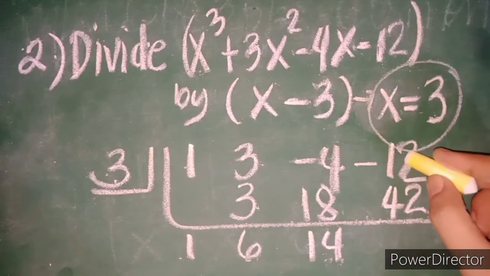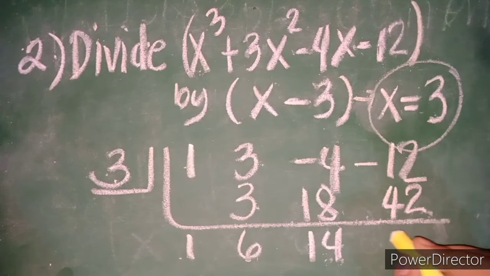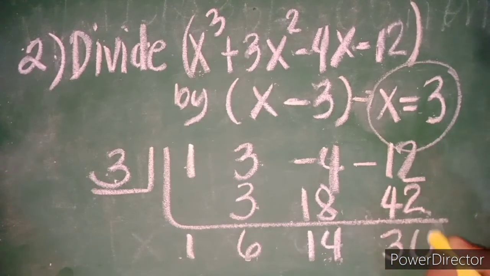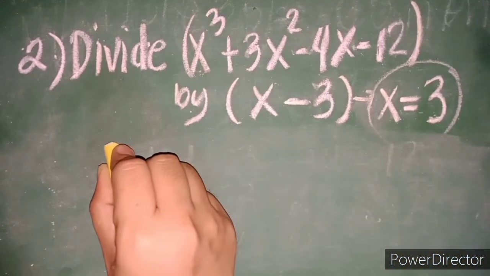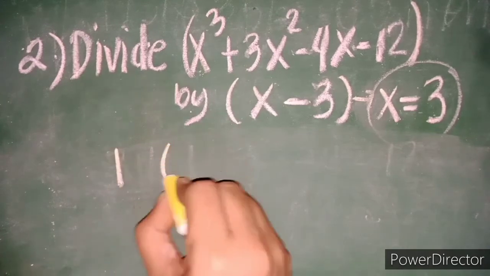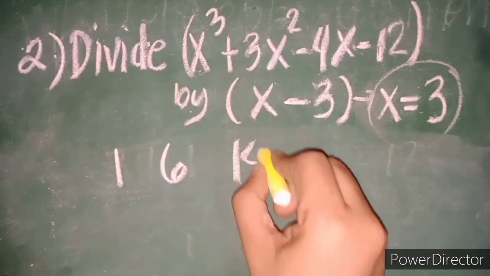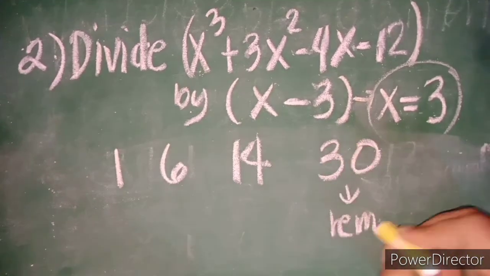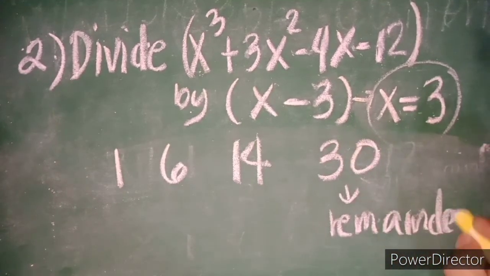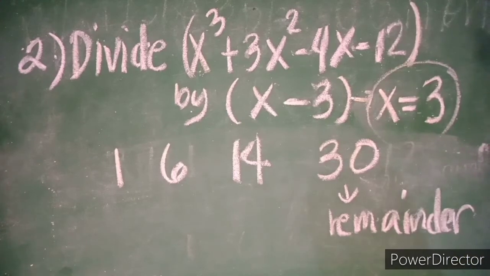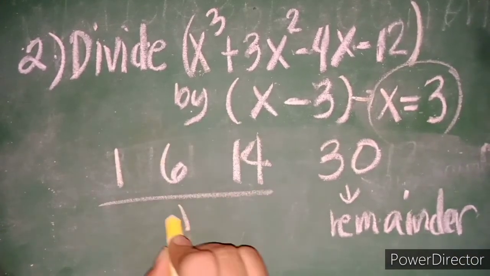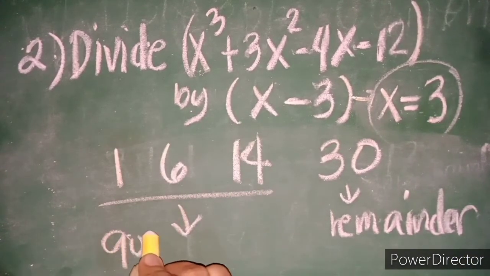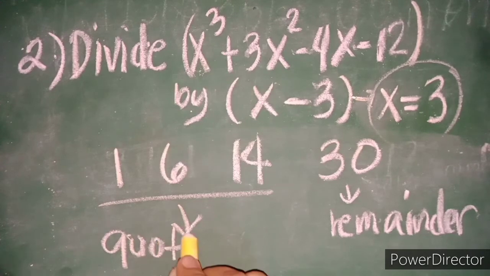And then negative 12 plus 42, the answer is 30. Again, ang result natin is 1, 6, 14, and 30. Okay, yung nasa dulo, yun yung tinatawag nating remainder. And then yung 1, 6, 14, ito yung tinatawag nating quotient.